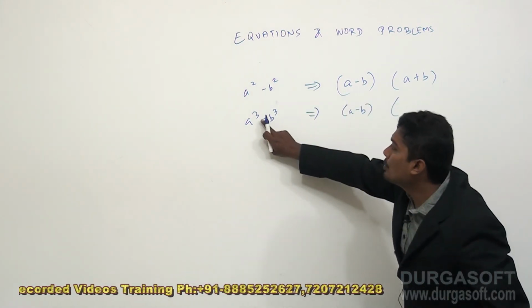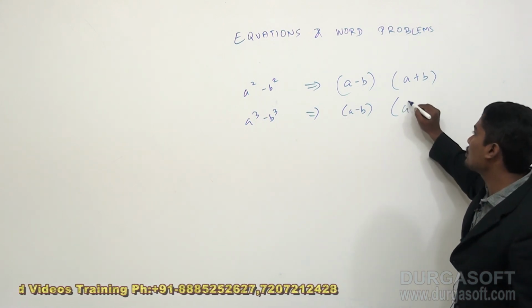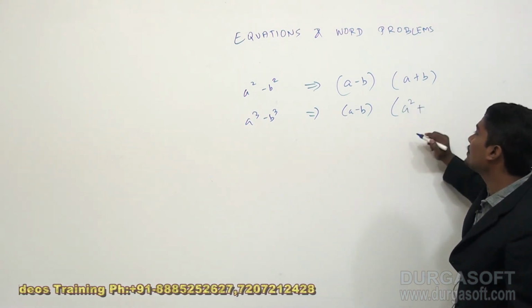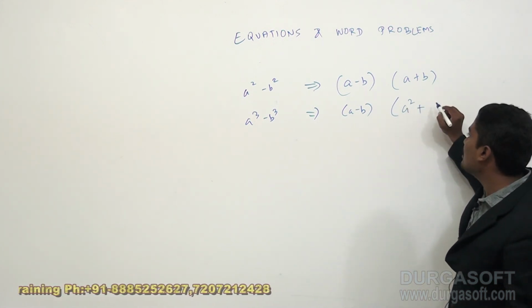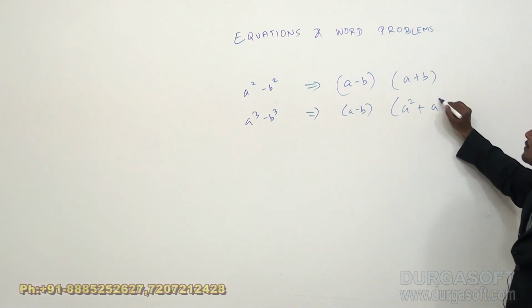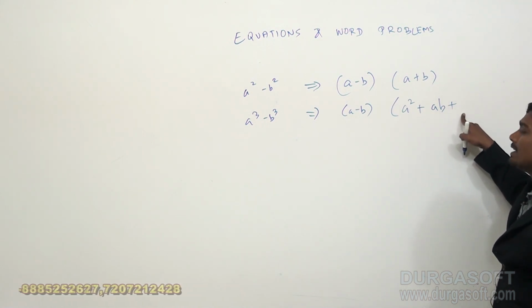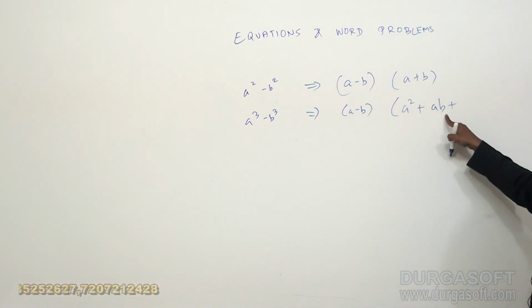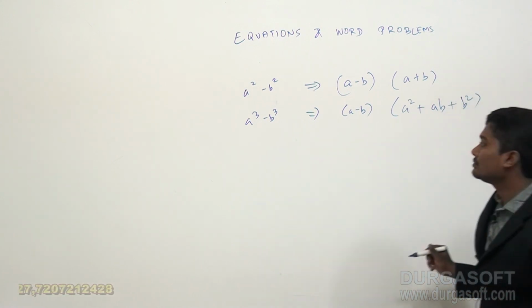Again, if you remove one a from a cube, two a's will remain, so a square, plus, decrease the power of a, it becomes a, increase the power of b, this becomes b, plus again decrease the power of a, it becomes a power 0, which is 1, into b square, so plus b square.